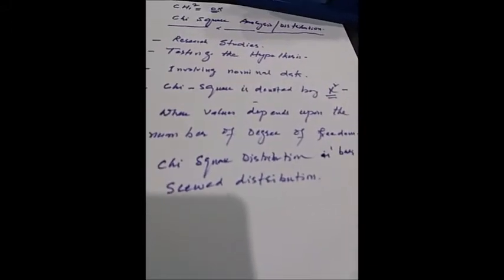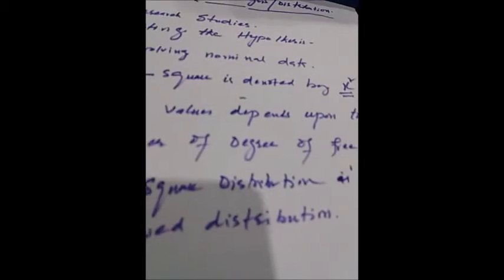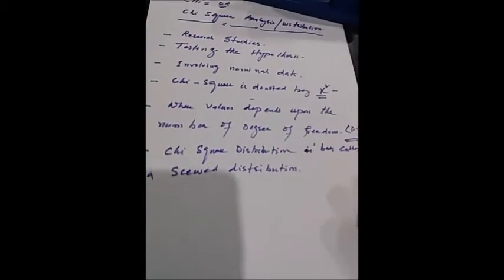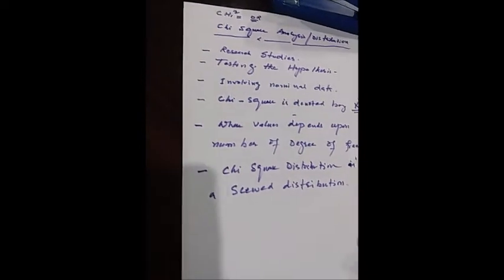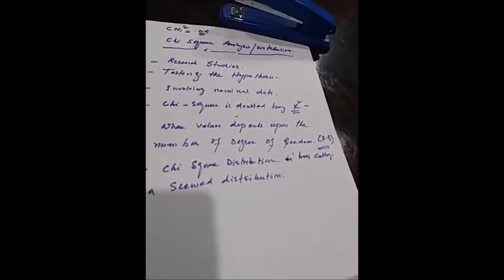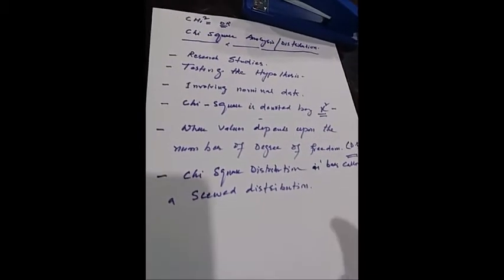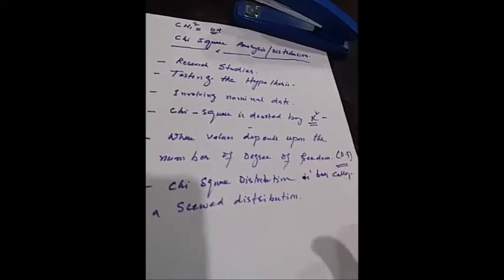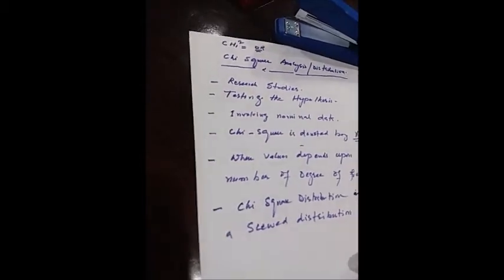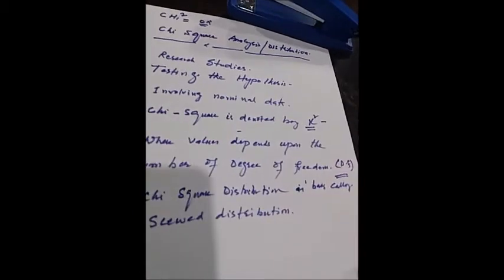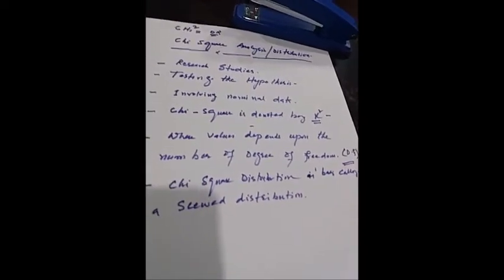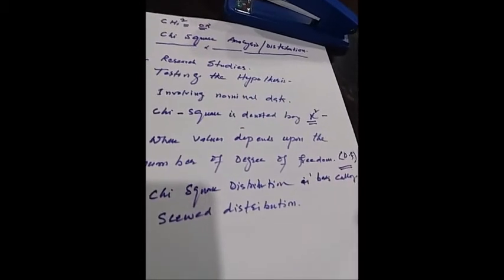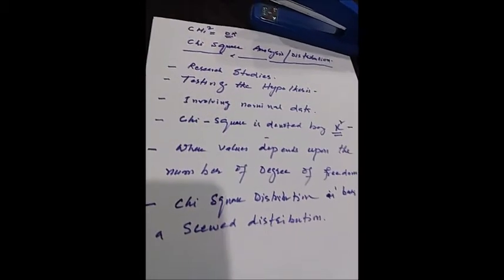Either it will be skewed at the left side or at the right side. Why does it appear skewed? Because when the sample size is small, its tail will increase on either the right side or the left side. Therefore, we say this is a skewed distribution.